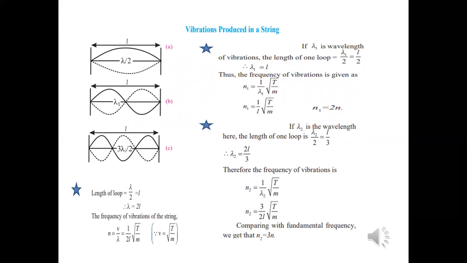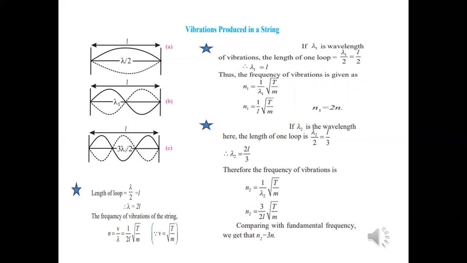The length between the boundaries is considered to be L. Hence, the distance between two nodes is lambda by 2. So, for the first loop, the length of the loop becomes lambda by 2, which is equal to L. From there, lambda can be written as 2L.